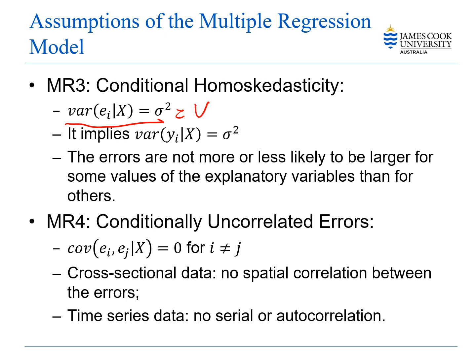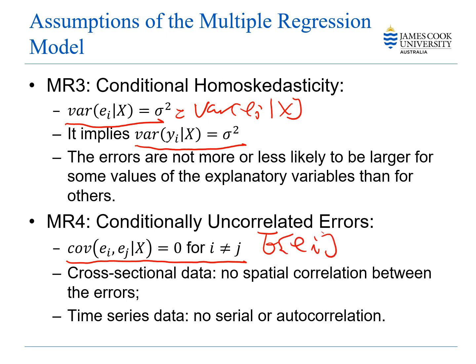So it's also the same as the variance of ej conditional on X. And that implies the variance of yi is sigma squared as well, conditional on X. MR4, conditionally uncorrelated errors. We need ei and ej to be uncorrelated, conditional on X. Remember, the expected value of ei conditional on X is 0.